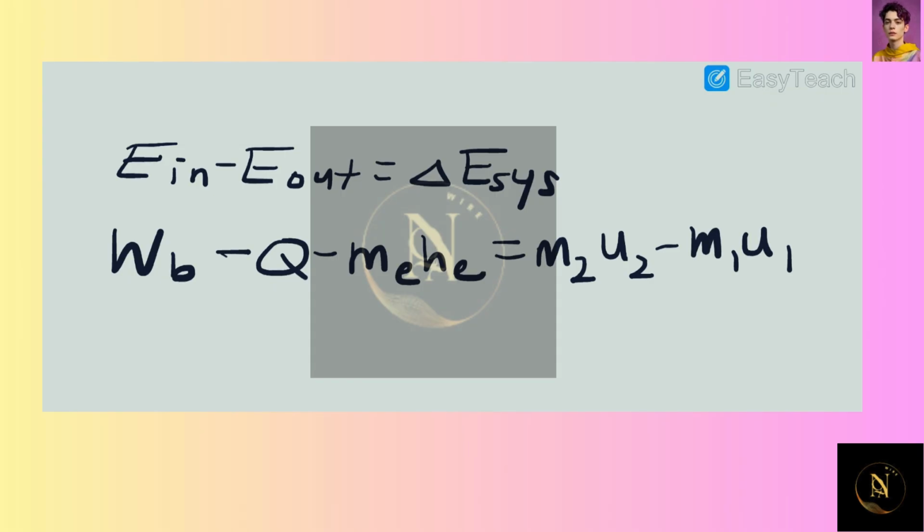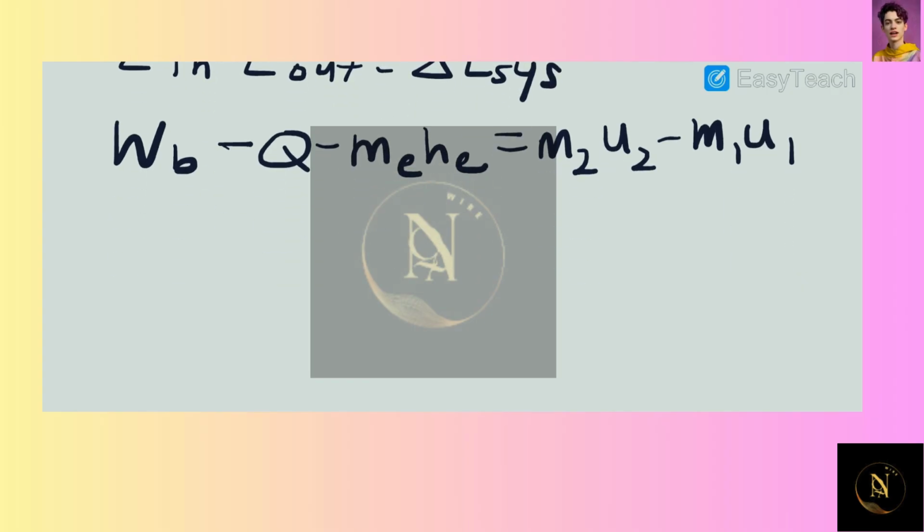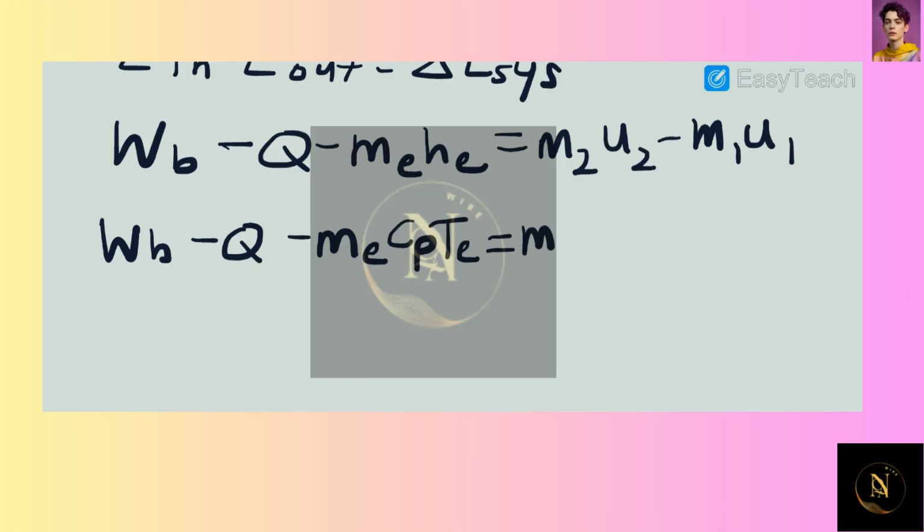We can use our definition of specific enthalpy and specific heat with our CP and CV values to say that this is also equivalent to writing the work minus the heat minus Me CP Te is equal to M2 CV T2 minus M1 CV T1.